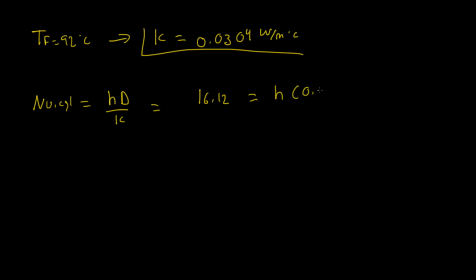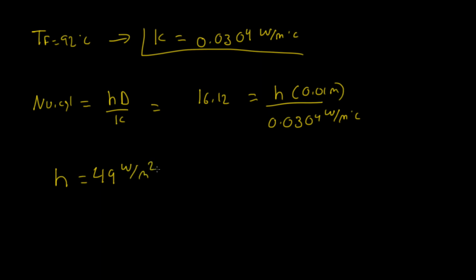Our diameter is 0.01 meters, and our K is 0.0304 watts per meter degrees Celsius. And this gives me an H of 49 watts per meter squared degrees Celsius. All right. Now that we have H, we can go ahead and use Newton's law of cooling to get our Q convection. Let's do that.